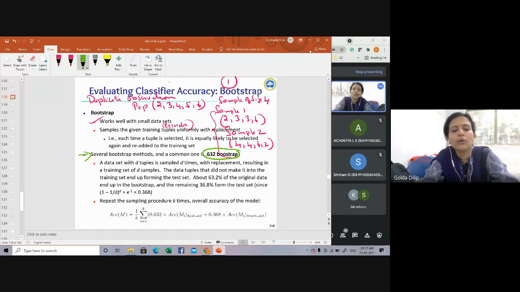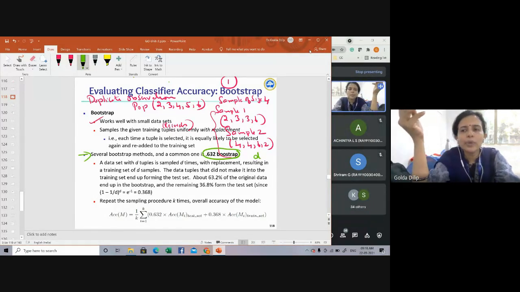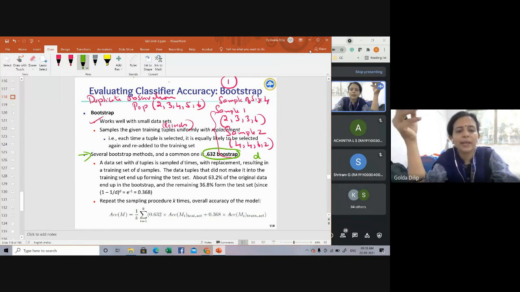Suppose you are given a data set with d tuples. The data set is sampled d times with replacement. That will result in a bootstrap sample, or a training data set, with d samples.